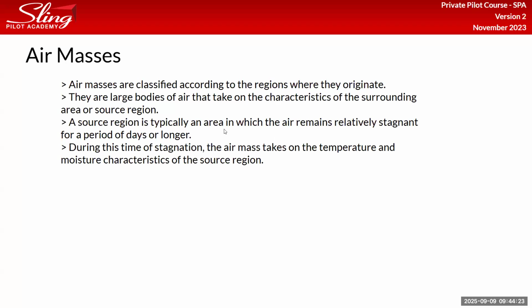Usually they remain stagnant for a period of days or longer. So they categorize air masses over these regions because they remain in this area with these characteristics for a longer amount of time, for periods of days or longer.